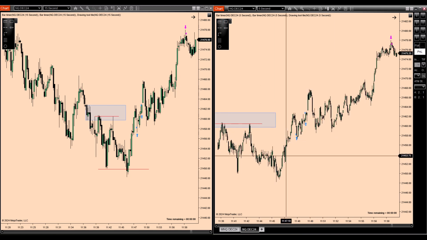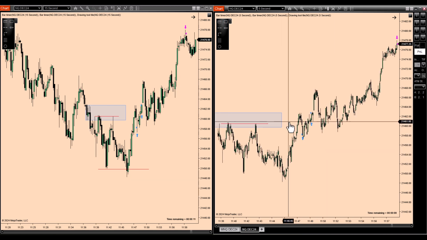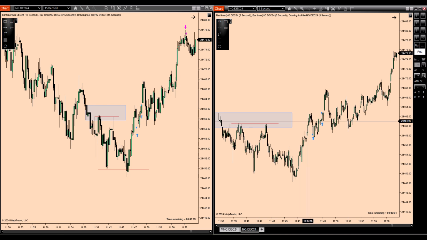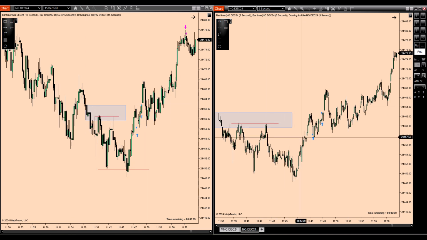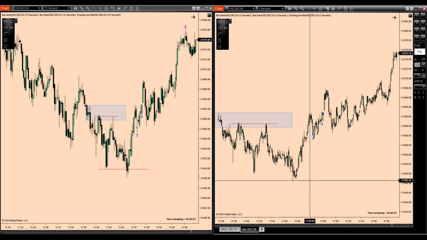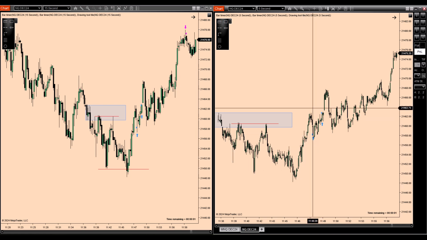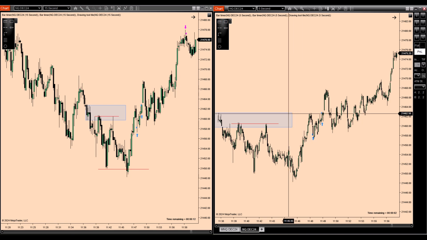So what happens next is that price broke this. First of all, I took an entry after price broke this high, right? I took a position here. My stop loss was here, right? And then when price closed above this, I didn't wait for it to close.